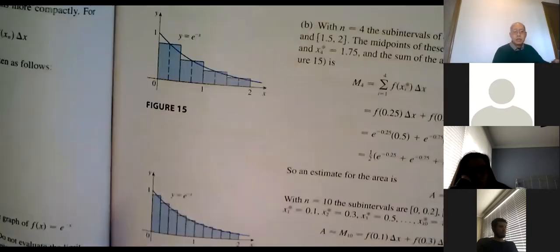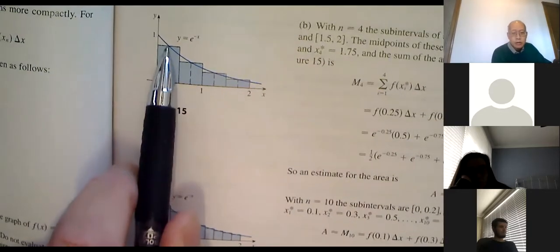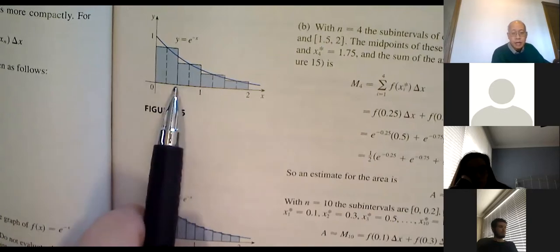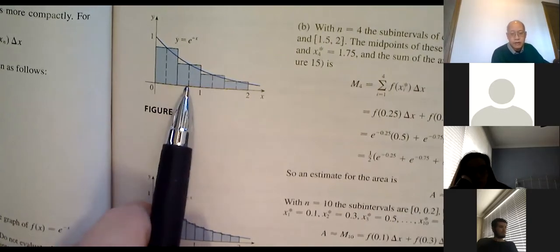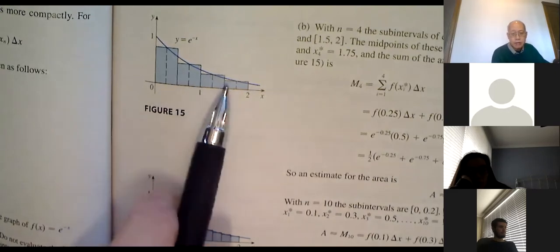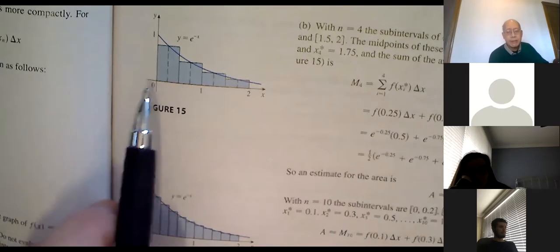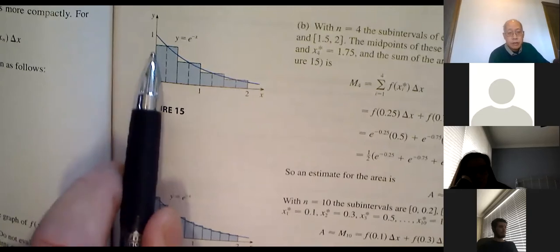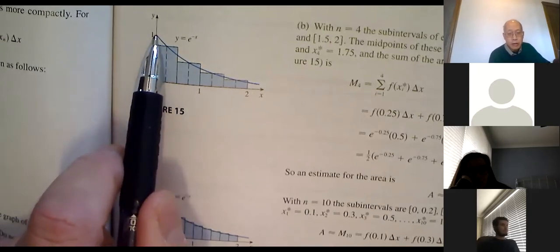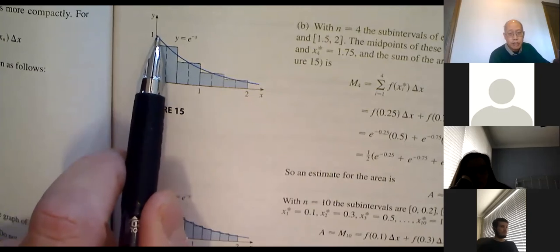Midpoint. So they go halfway, go straight up, draw that rectangle. Same thing here. Go halfway between 0.5 and 1, 0.75. Go up until you touch the graph, draw a rectangle. Same thing here, same thing here. You see what's happening? This is the true area that I want for the first region.